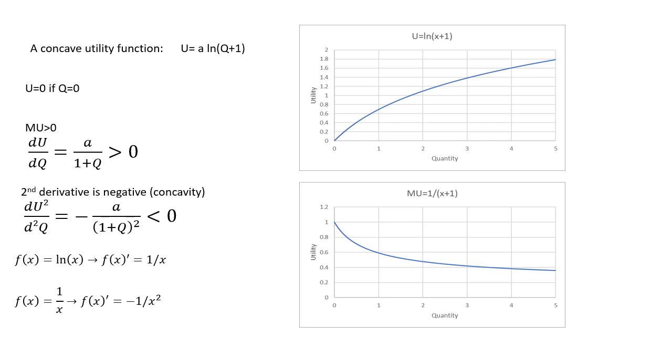And because a was positive and 1 plus q squared is always positive, and we have a minus sign there, it is guaranteed that the second derivative of this function will always be negative, and this is the definition of concavity. The first derivative is positive and the second derivative is negative.